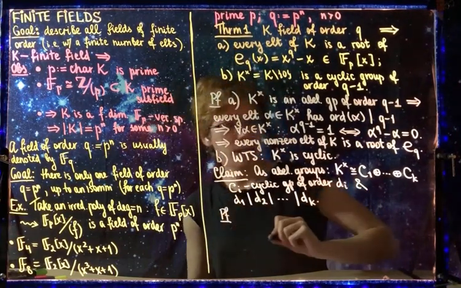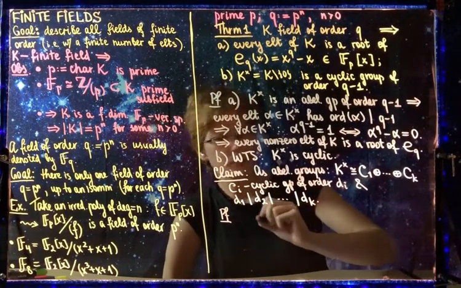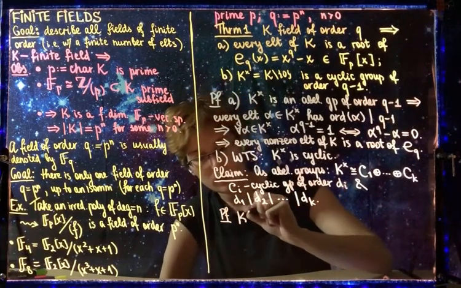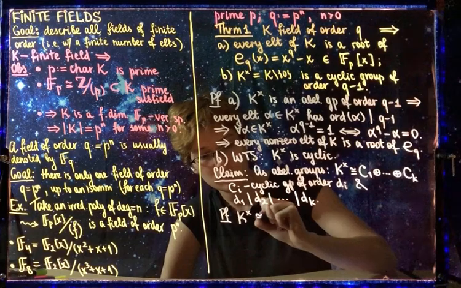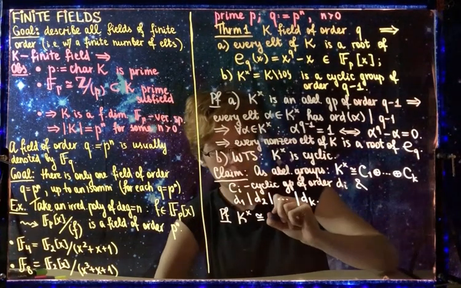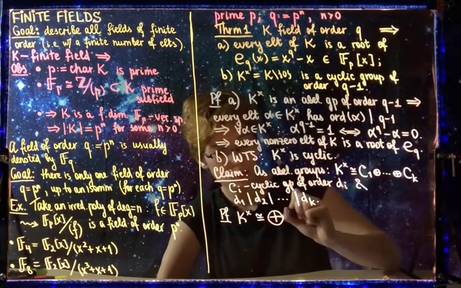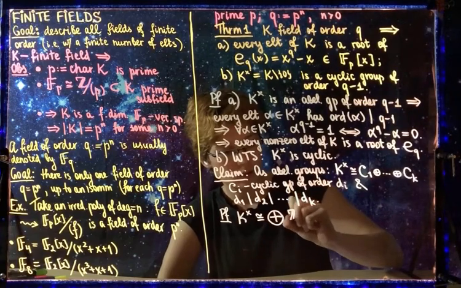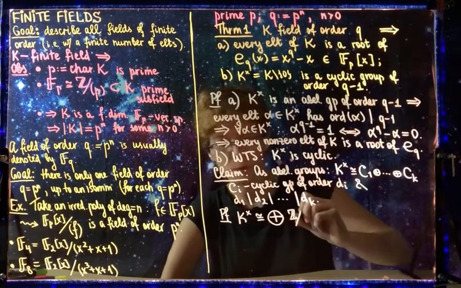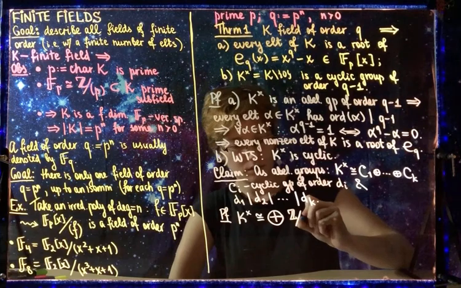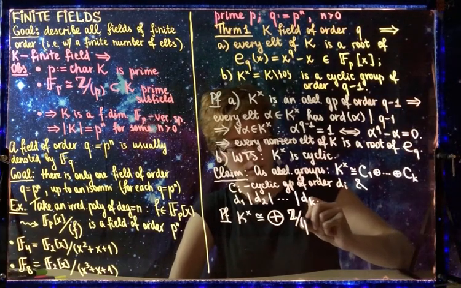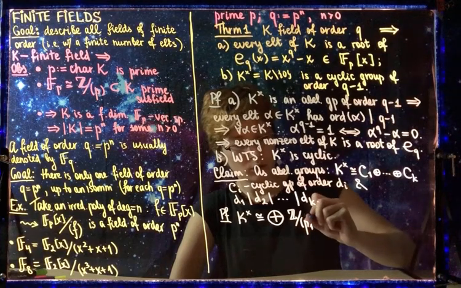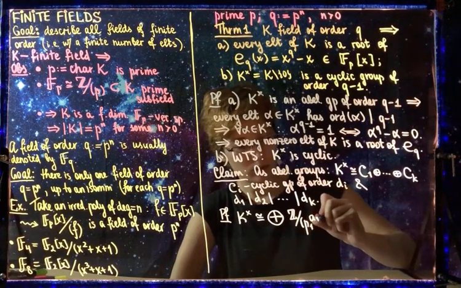So proof of claim. By the structure theorem that I proved, I can arrange K star into a direct sum of cyclic groups of some prime power order. So Z mod p1 to the power a1i1.